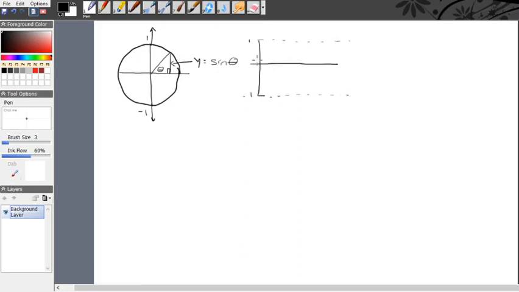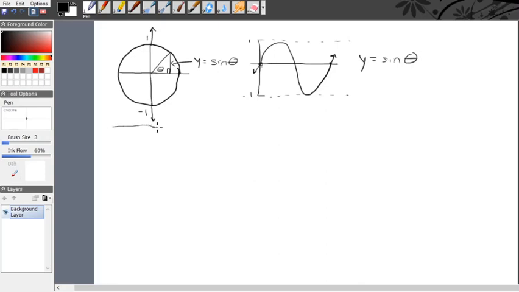Starting right here at 0, I go around the circle up to 1, back down through 0, down to -1, and back up to 0. And of course then the graph just keeps going because you're going around the circle. Remember, I'm only talking about height here. So this is the graph of y equals sine of theta.